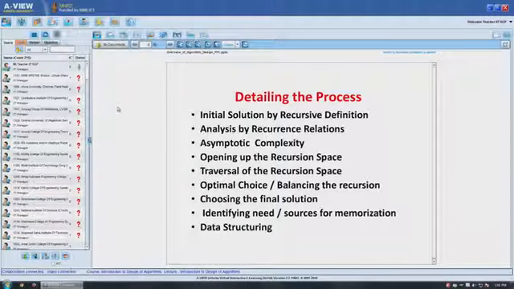Then open up the search space to look at the recursion tree, and then look at how you will make that optimal choice in the divide and conquer to find what recursion tree we need. And then once we have identified that, we will have to look at how we are going to traverse this recursion tree. The traversal of this recursion tree and the memorization of the information across the traversal will be your main approach for algorithm design and the process that we are trying to evolve.